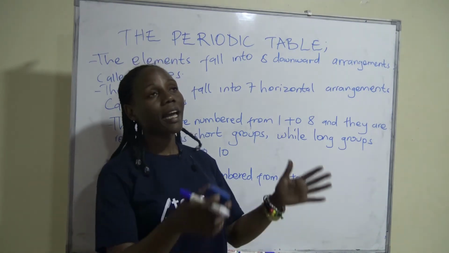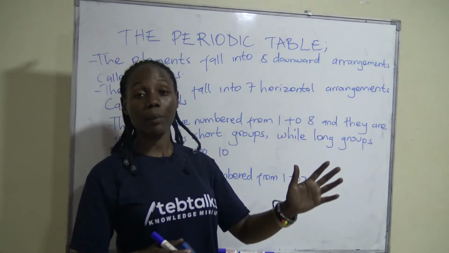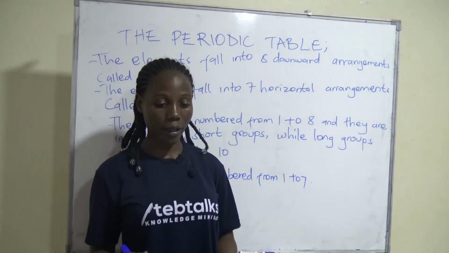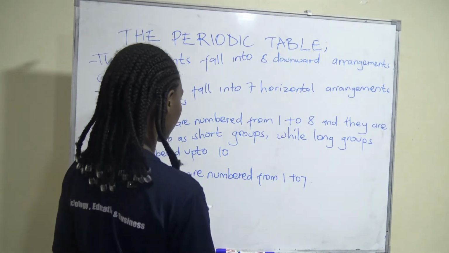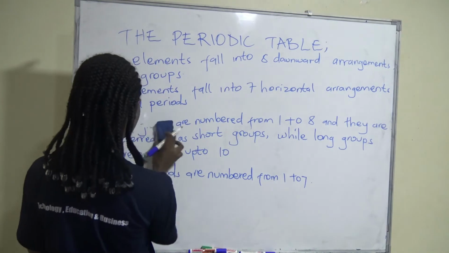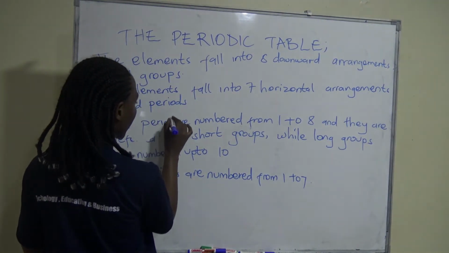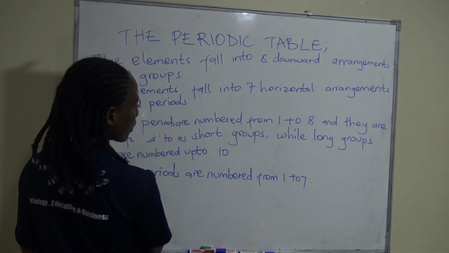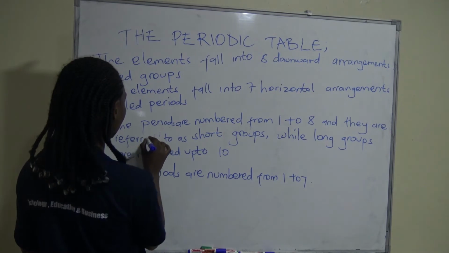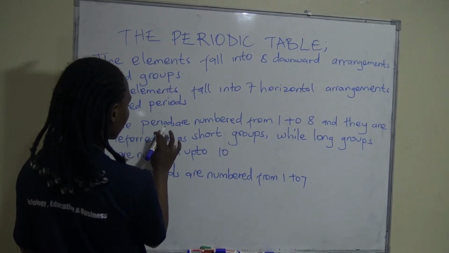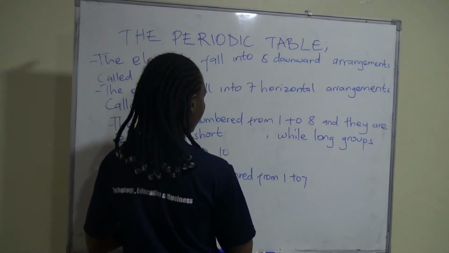While when we say a group, for example group 1, you will find that group 1 elements have almost similar characteristics.